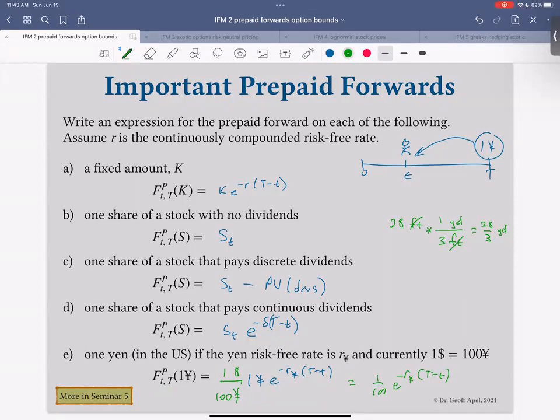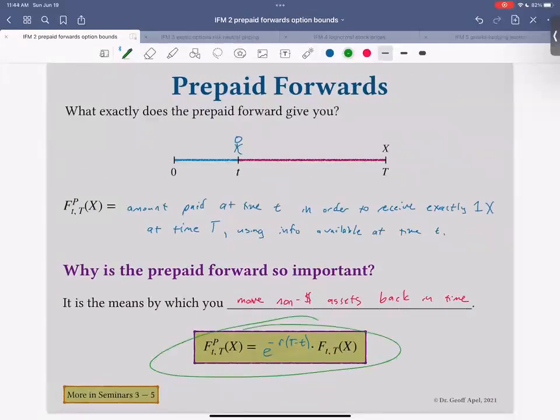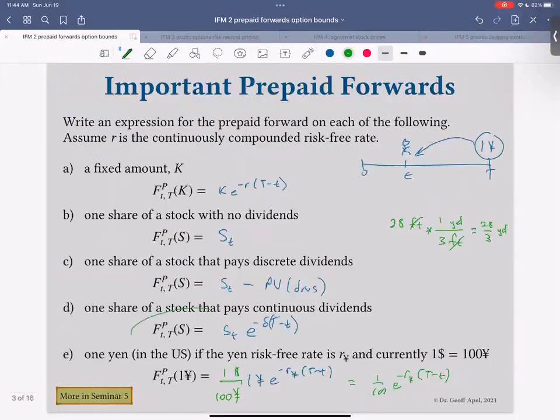It says, could you compare the forward and prepaid forward price again for the stock that pays continuous dividends? Yes. So we can go back to this idea that the forward and prepaid forward are just related through interest. If I have the forward price, I can discount it with interest to get the prepaid forward, or if I had the prepaid forward, I could move it ahead with interest to get the forward price. Since we know the prepaid forward for a stock with continuous dividends, we can move it forward now.